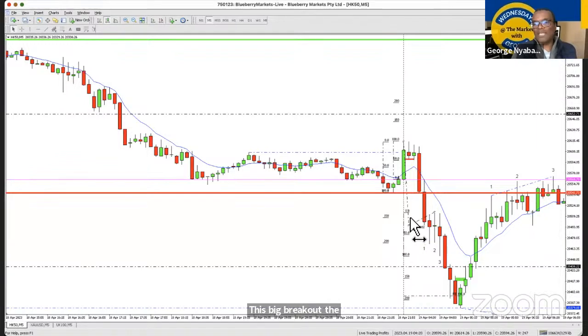So if we just look at that, okay, so leg one, pullback, leg two, you could have started, or you always ought to start, at the high of the actual breakout, and you can see the market got there and failed, and went down a little bit more. You say, okay, maybe they're going for the full move, and they reversed at that particular point.